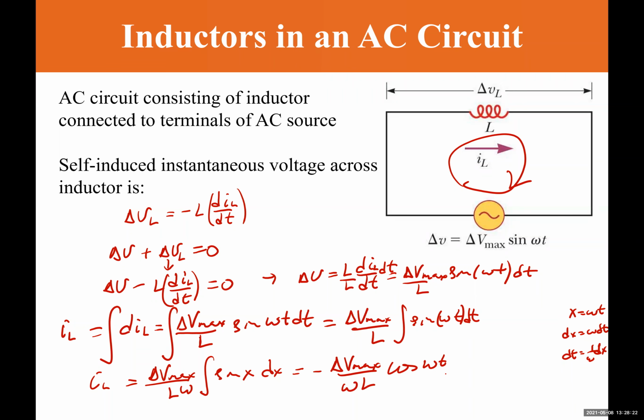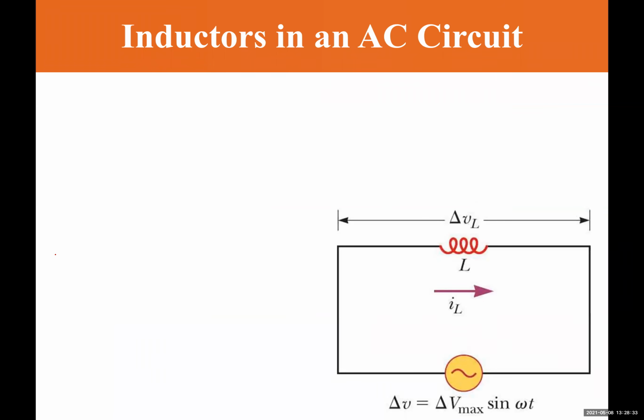Now we can already see a bit of difference between the voltage and the current. The voltage was delta V max sine of omega t.